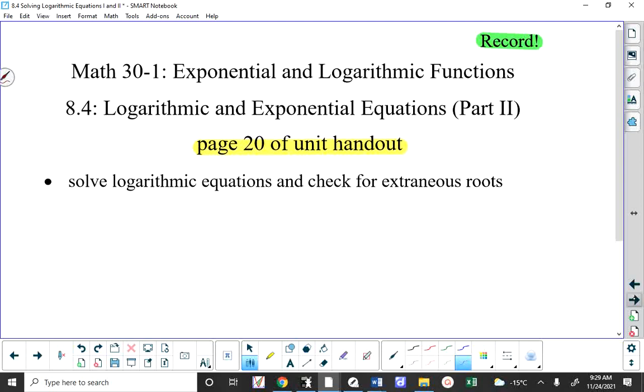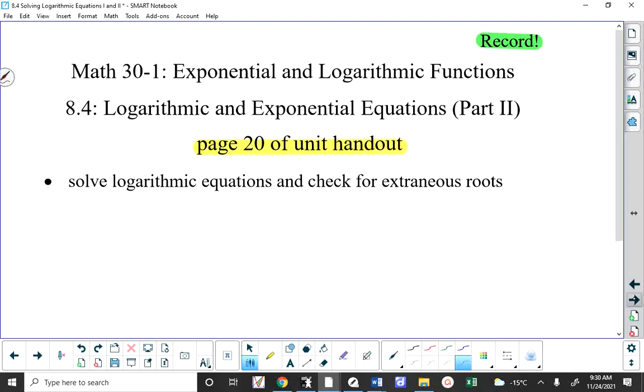Now, extraneous roots can come up for a number of reasons. When you solve radical equations, they come up because when you square both sides of an equation, you actually introduce them, because you maybe create a quadratic equation that has positive and negative solutions, even though that quadratic nature didn't exist in the radical equation.